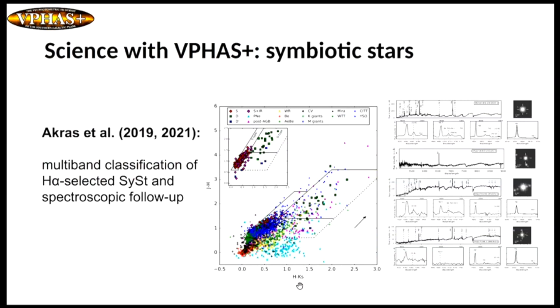They could be supernova progenitors. The authors selected the stars by looking at the H alpha emission from VPHAS Plus and combining that with infrared photometry. They developed an algorithm for characterizing the candidate symbiotic stars and did spectroscopic follow-up, confirming a large number of them.